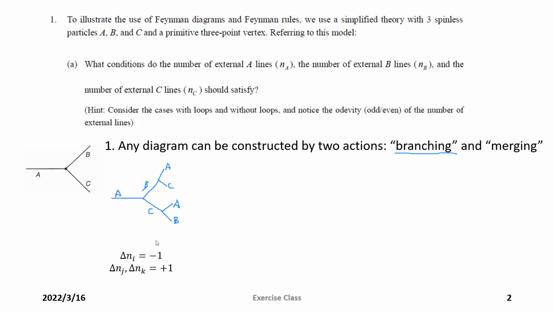So what does it mean? If we consider initially we have 1 A line, 1 B line, 1 C line, each time I draw a new branch, 1 kind of line will decrease by 1, while the other 2 will increase by 1. And you can see that the numbers of lines will always be all odd or all even.